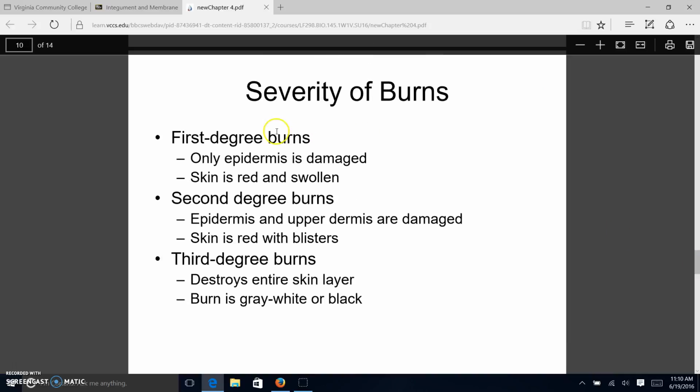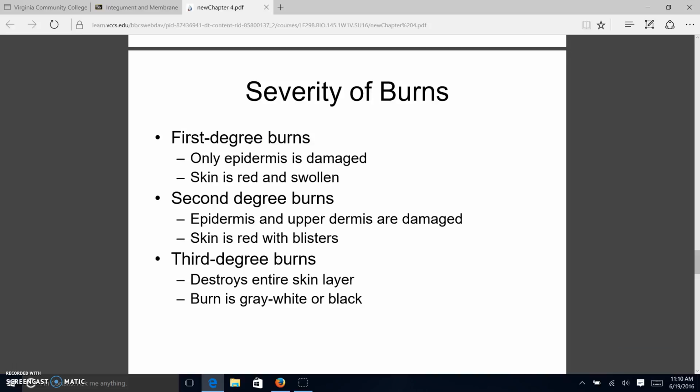All right, I think these types of burns and how they rate them has changed a little bit, but we'll just go with what this says. First degree burns are basically where something burns your skin enough that it's red and swollen, but only the outer portion is damaged, like a light sunburn or pouring some hot water on yourself, just a minor burn.